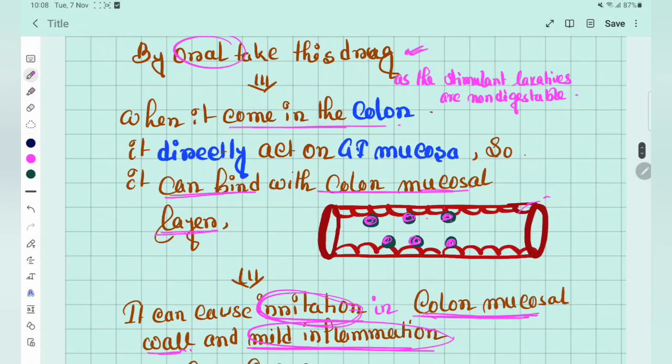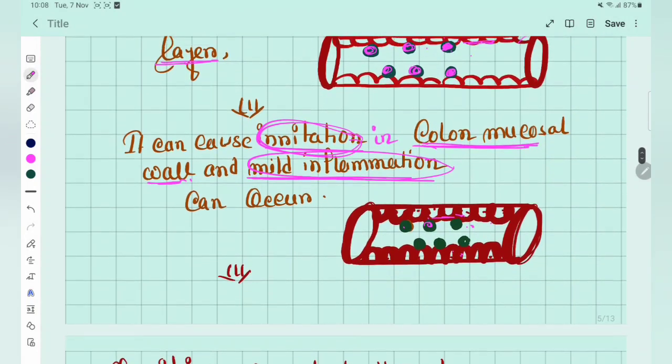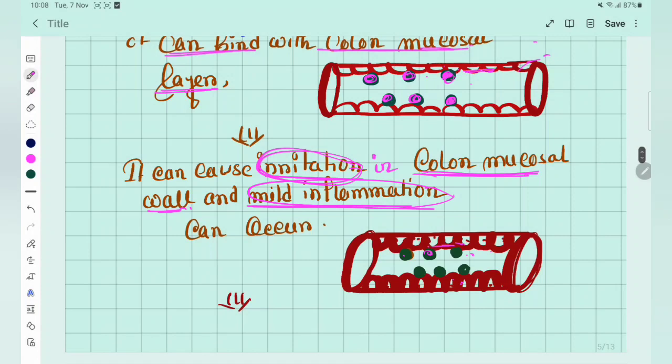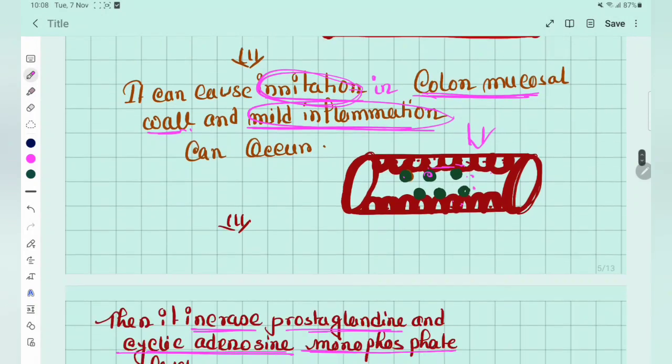When we take the stimulant laxative orally, as it is non-digestible, it can't be digested in the stomach, so it easily comes into the colon, and in the colon the stimulant laxative binds with the colonic mucosal layer, and when these drugs bind with the colonic mucosal layer, it causes irritation of the mucosal layer, and for that inflammation occurs in the colonic mucosal layer.